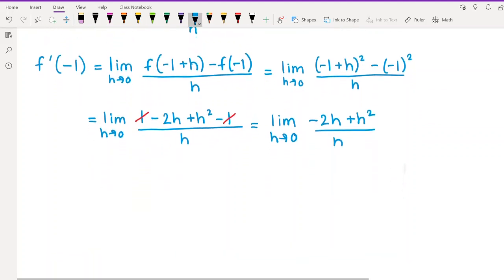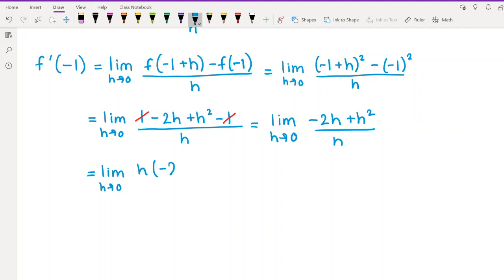And now we can factor out an h, right? So we have the limit as h approaches 0 of h times (negative 2 plus h) divided by h. And we can cancel out these h's. And then we get the limit as h approaches 0 of negative 2 plus h.